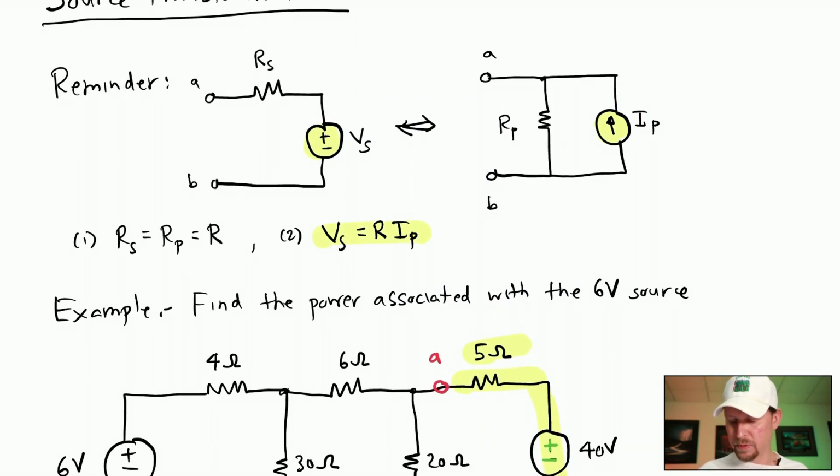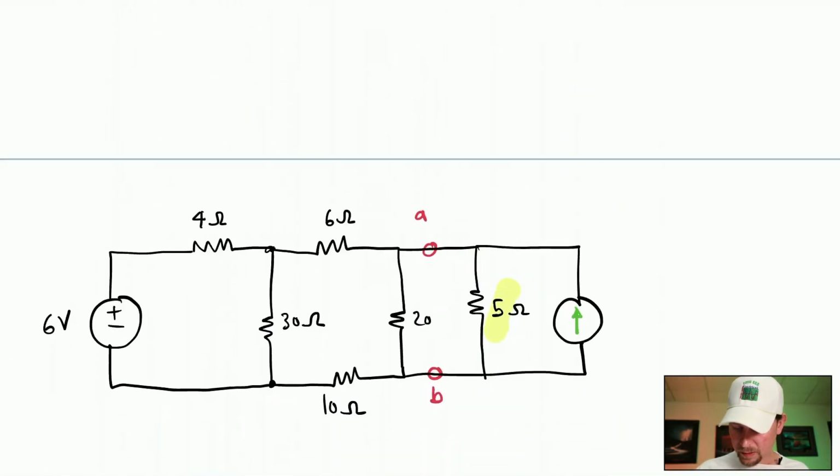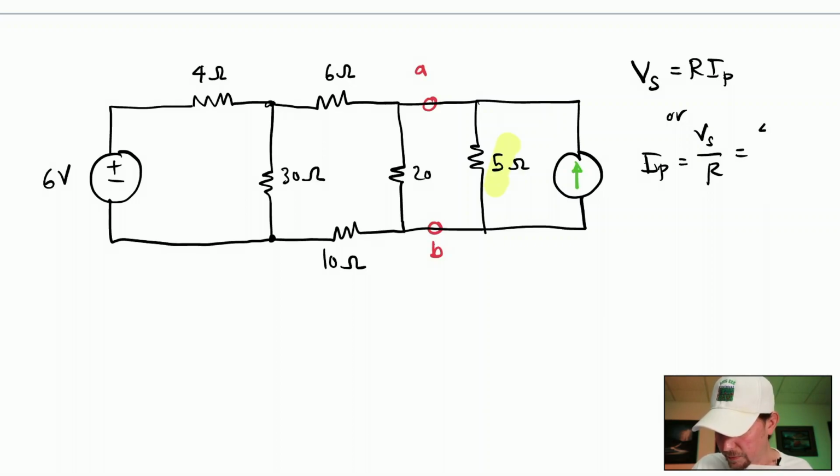Well, that's given to you through this relationship. Vs is equal to R times I sub P, or I sub P is Vs divided by R. Vs was a 40-volt source, R was a 5-ohm resistor. So I sub P should be 40 over 5, that is 8 amps. That means that this is 8 amps.